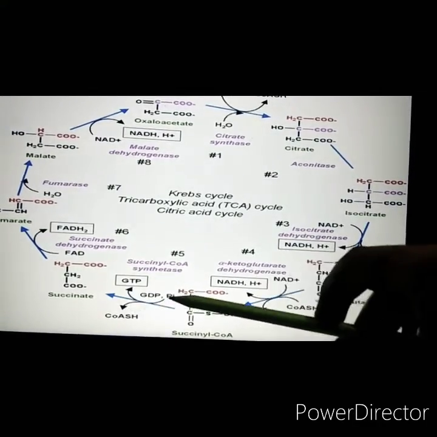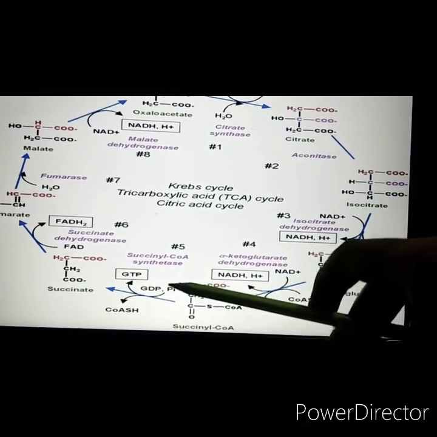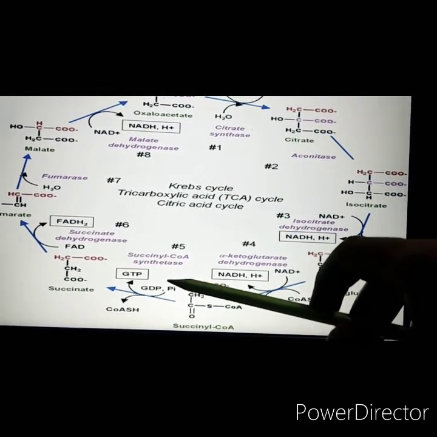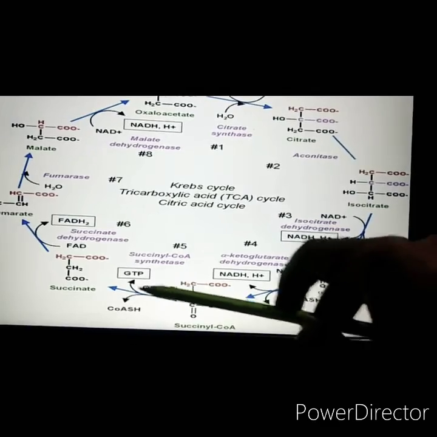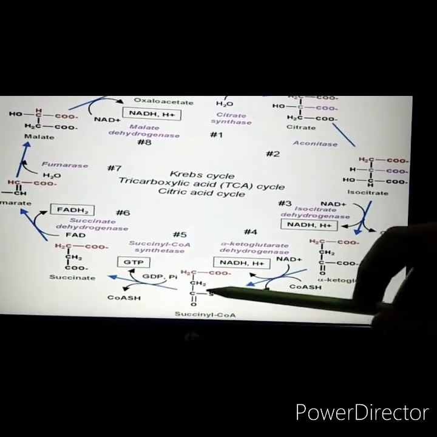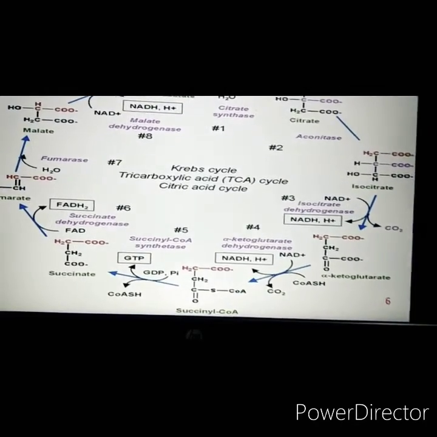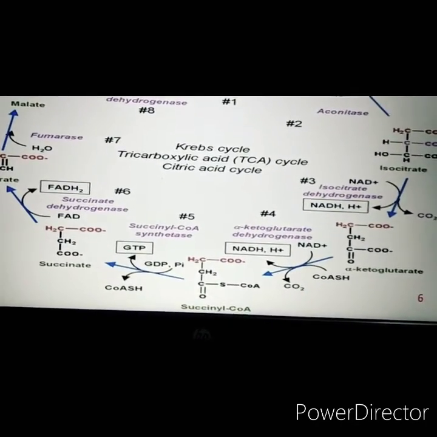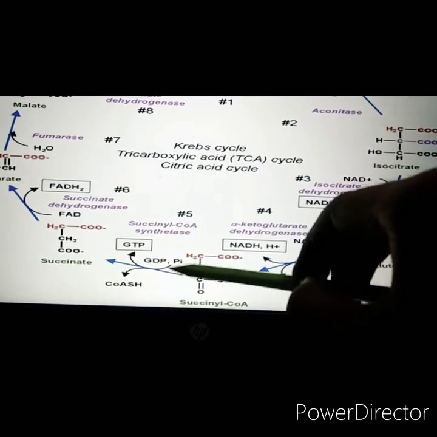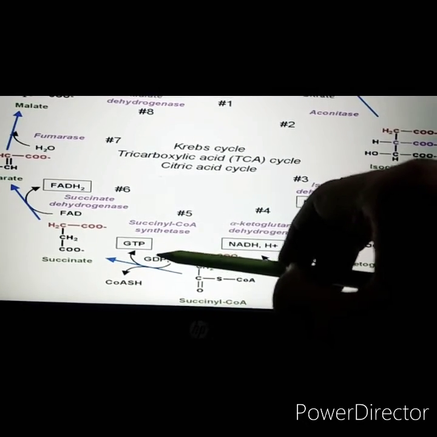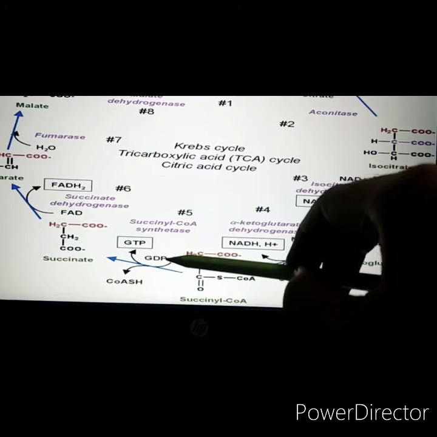For this reaction, there is addition of inorganic phosphate that causes conversion of GDP to GTP. That means while succinyl-CoA is being converted, energy is released. That energy is utilized for addition of a phosphate group to GDP, that is guanosine diphosphate.